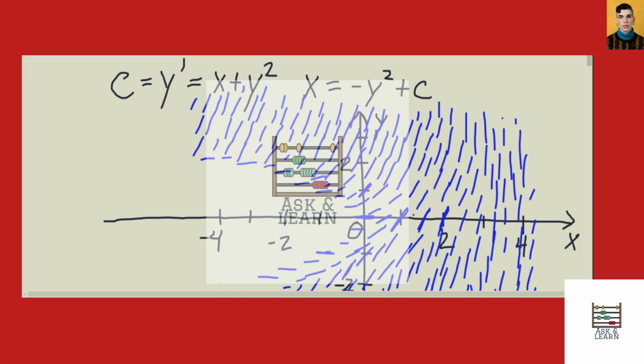So again, we'll have a series of parabolas nested within each other, for which the slopes are gradually decreasing.